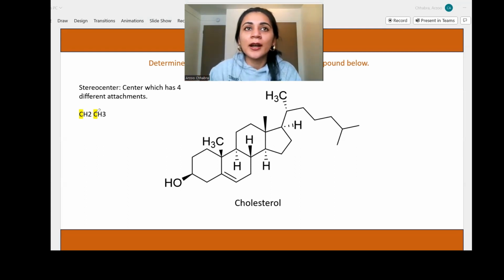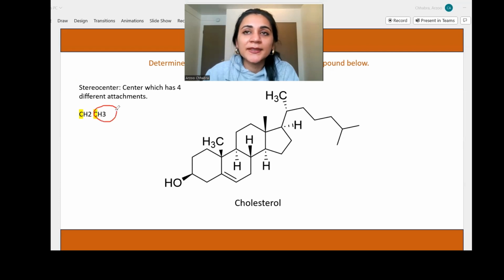So your eyes should be quickly figuring out where those CH2s are and just disregarding them as stereocenters, because the two H's are exactly the same. And because they are the same, they're by definition not stereocenters, right?